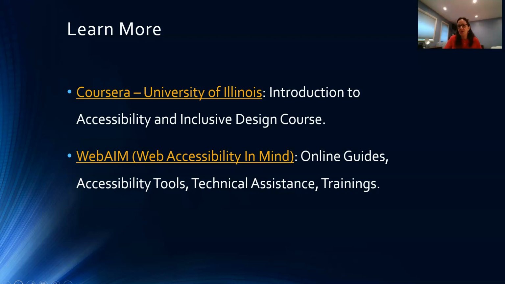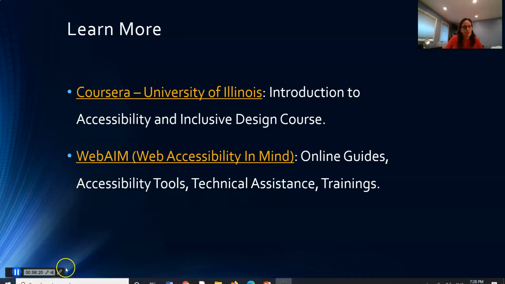There are many resources. I would like to highlight Coursera at the University of Illinois, which has a pretty good introduction to accessibility and inclusive design course. And Coursera is free, so you can take this for free. There's also the WebAIM, or Web Accessibility in Mind, website that offers online guides, accessibility tools, technical assistance, and trainings. So those are just two resources.